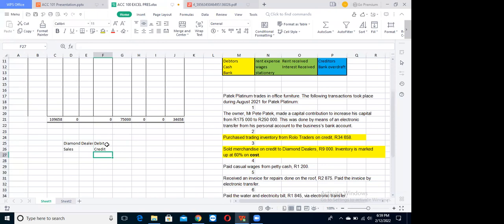We want to look at the second part of the transaction now. Inventory is marked up at 60% on cost. So we make a necessary assumption that this 9,000 rand we were given is the cost price of the goods.